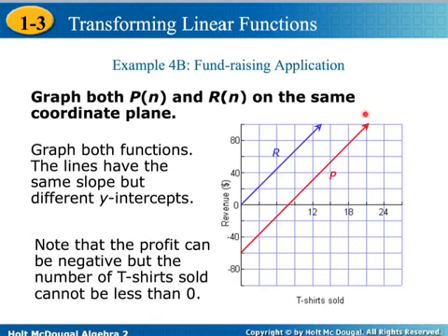So they have different y-intercepts and different x-intercepts. So the profit can be negative, but you really can't ever have negative t-shirts sold. So you're always kind of starting here and working your way towards that. So in terms of how many t-shirts you sell, you'll never have a negative t-shirt, right?